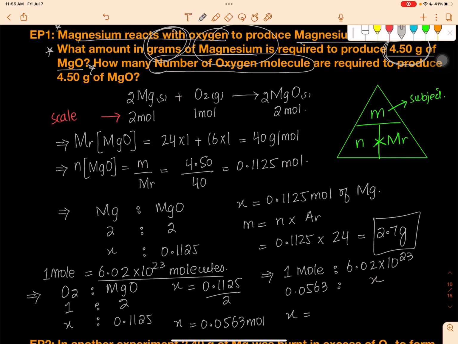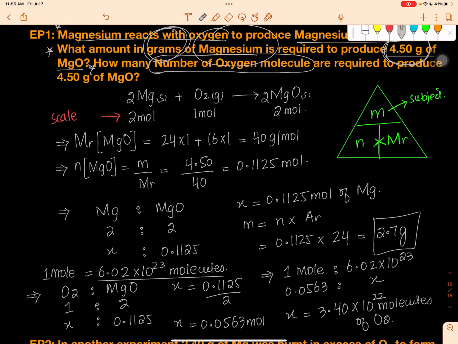So what do we get? We get 3.40 times 10 to the power 22 molecules of oxygen that are required to react with magnesium to produce 4.50 grams of magnesium oxide.